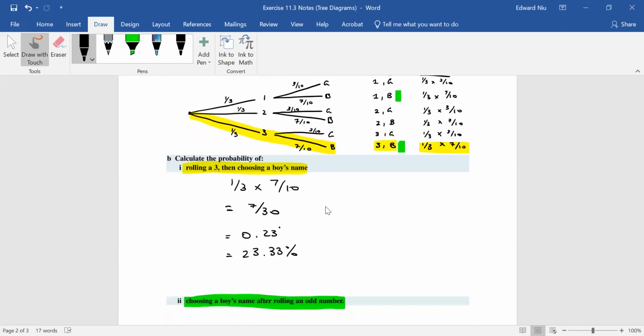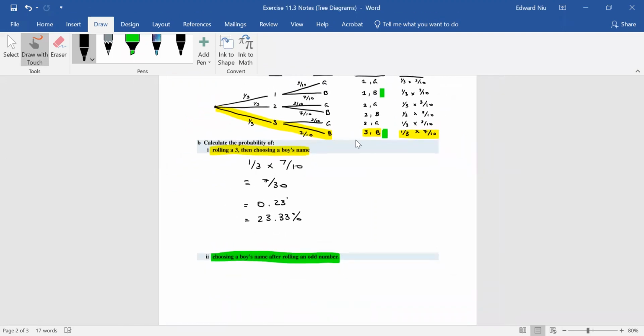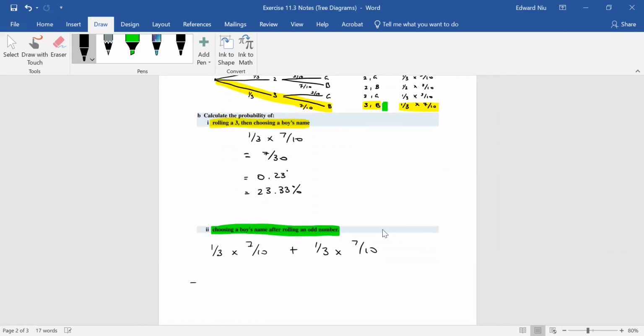So what we have is the situation where we have to add 2 branches. So the first branch, we have 1 on 3 times 7 on 10, plus the last branch, which was highlighted in yellow, which is 1 on 3 times 7 on 10, which means we are going to get ourselves an answer of 7 on 30 plus 7 on 30, which means we get 14 on 30.